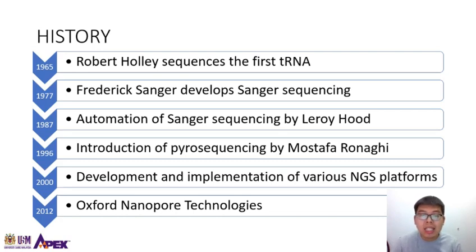And in 1987, automation of Sanger sequencing, incorporating fluorescent dye labeling and computer-based data analysis. Then in 1996, pyrosequencing, marking the beginning of modern high-throughput sequencing.